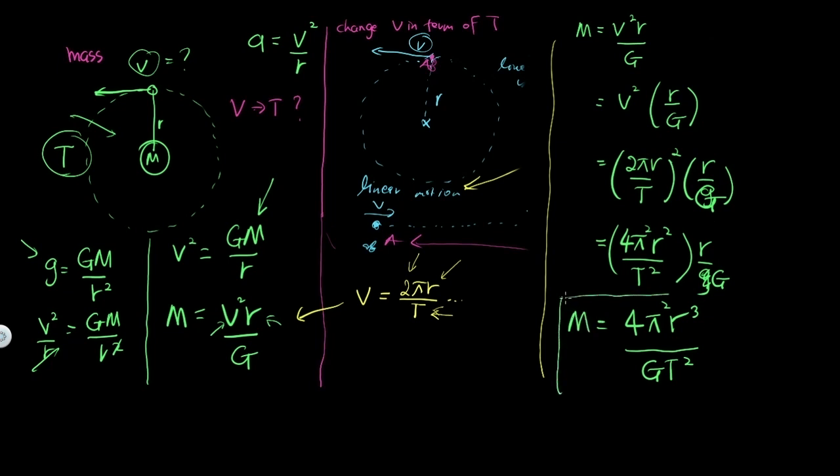Formula: how can we calculate the mass of any object such as our Earth by only using the period of any object orbiting the Earth together with the radius, meaning the distance between the two objects from center to center.